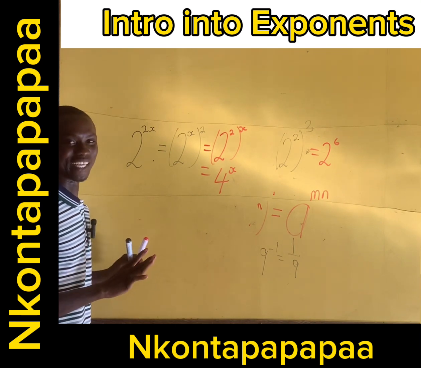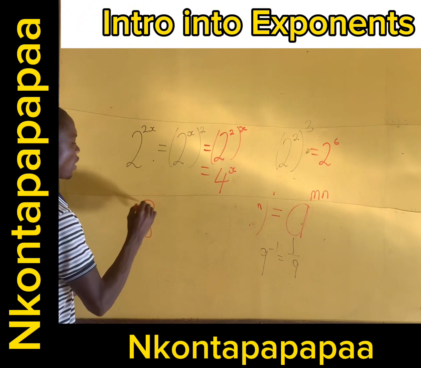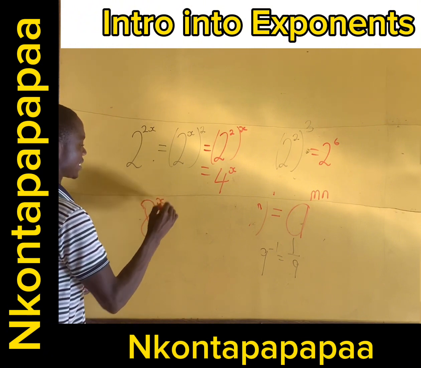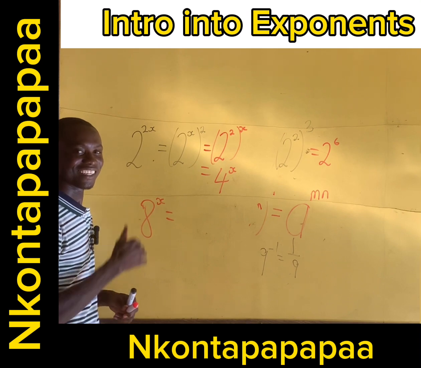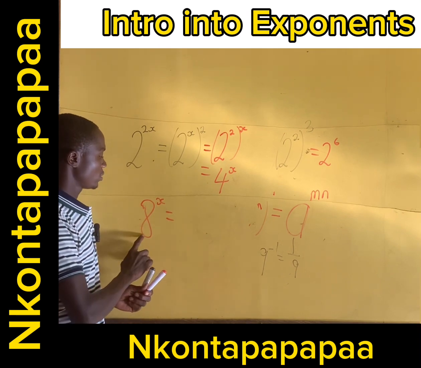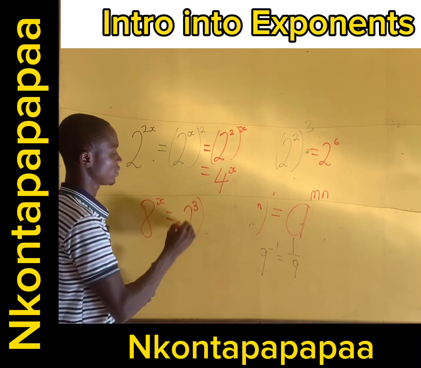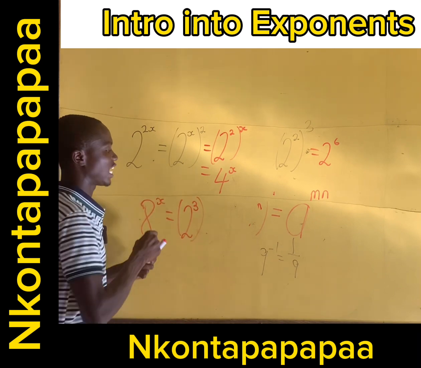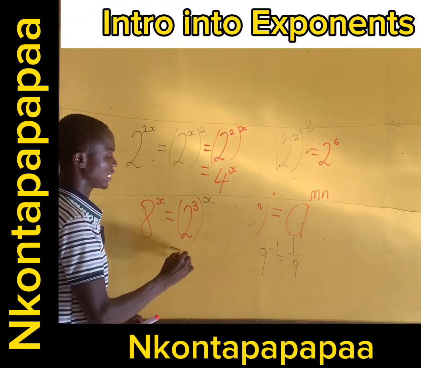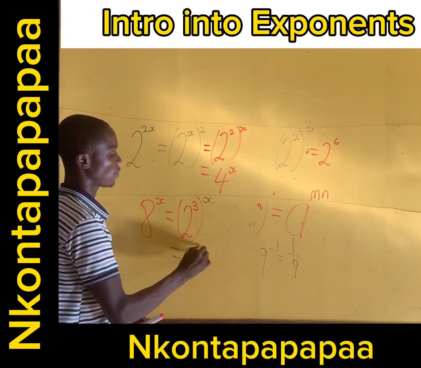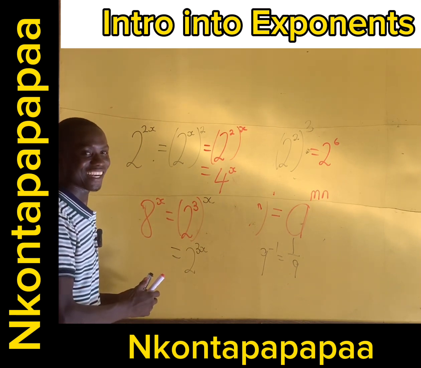Now, how do you simplify 8 power x to its simplest form? This is very simple. 8 is the same as 2 power 3, and I have power x. So here, 3 times x gives 2 exponent 3 power x.